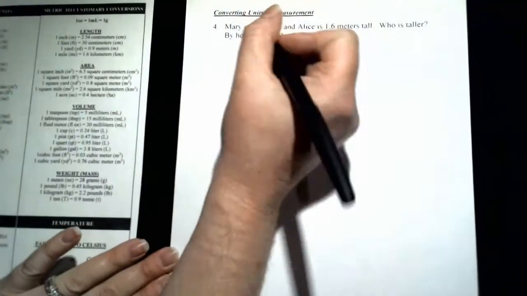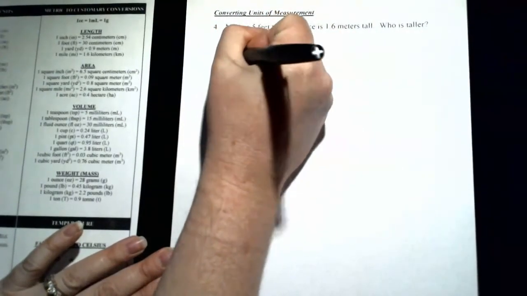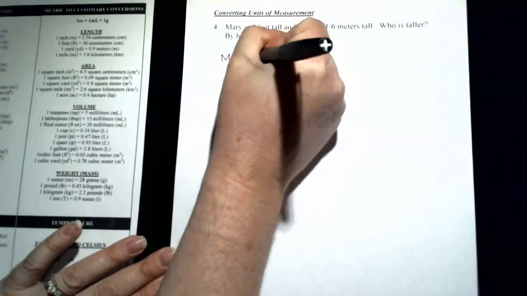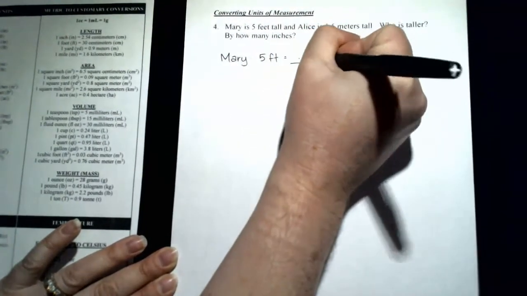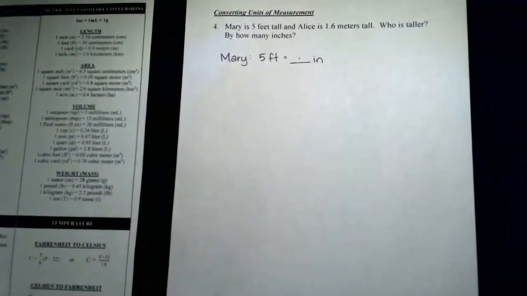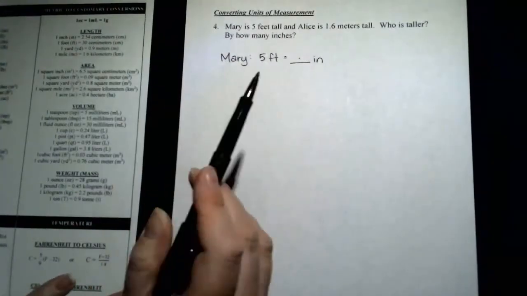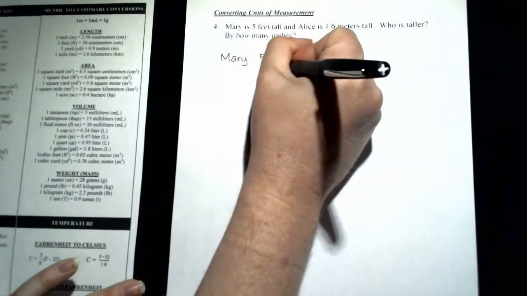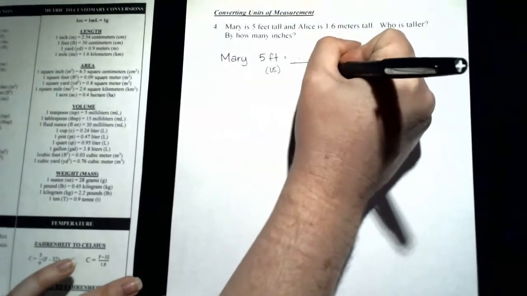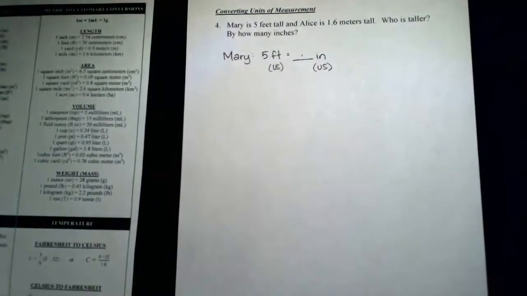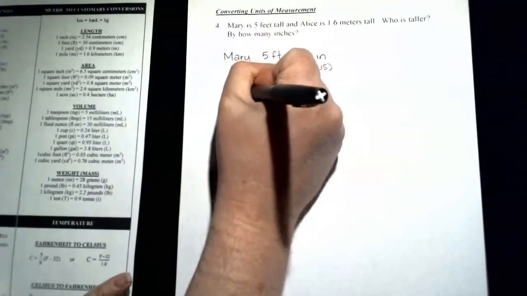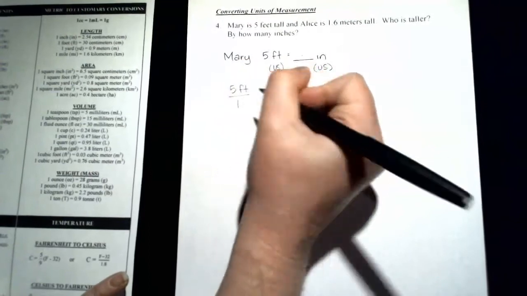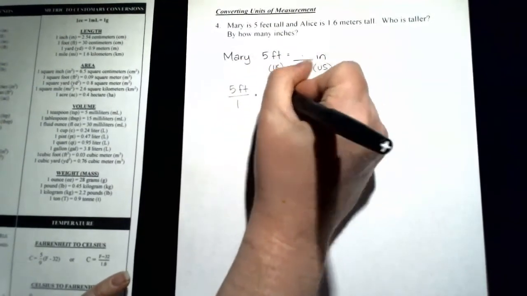So, let's start with Mary. She's 5 feet, and we're going to change that to inches. So, feet is US, inches is also US. So we're going to do unit fractions for this. Putting the 5 feet over 1.